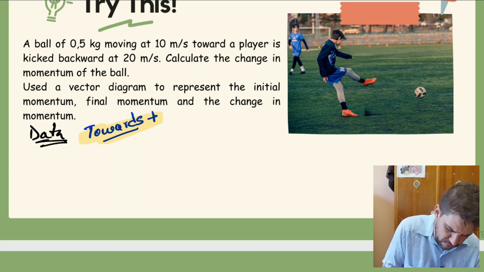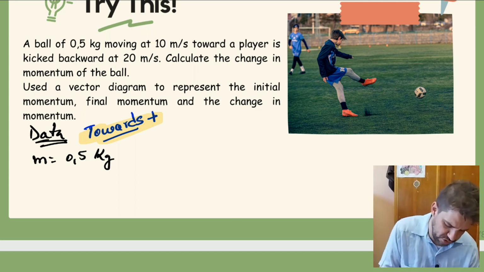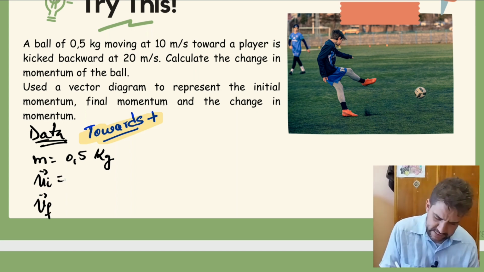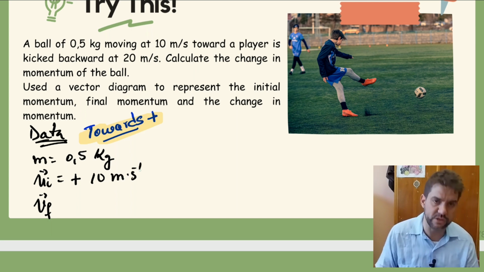So the mass of the soccer ball is equal to 0.5 kilograms, and now we have an initial velocity and a final velocity. The initial velocity is 10 m/s towards, which means it is positive. I'm going to write m/s the way we do it here, guys.